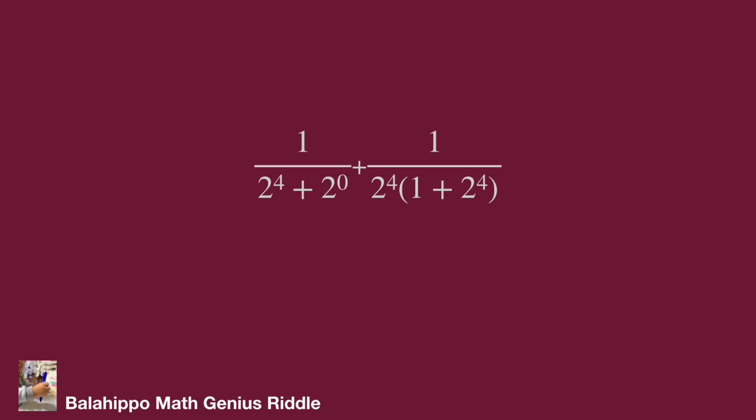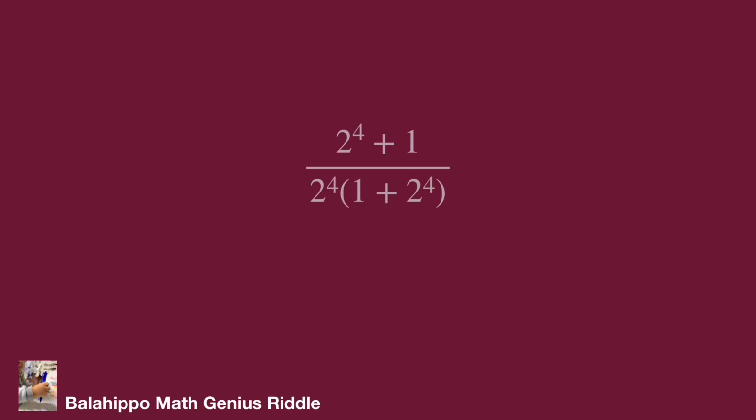This has the same factor 1 plus 2 power 4. Reduction becomes one fraction: 2 power 4 plus 1 over 2 power 4 times the quantity 1 plus 2 power 4. Eliminating the factor 2 power 4 plus 1 in these fractions, we get 1 over 2 power 4.